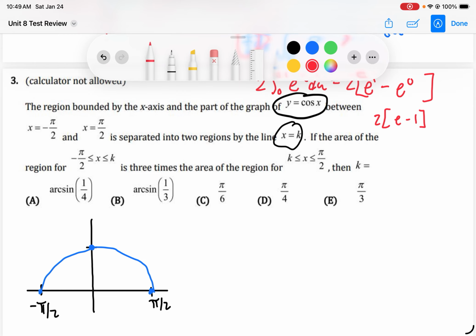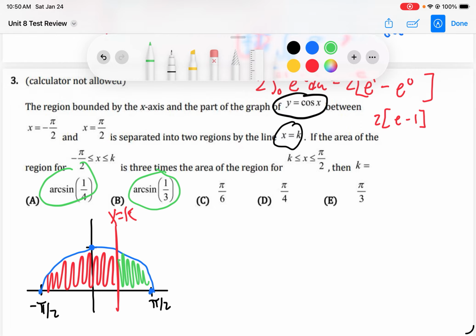And what we're trying to find is some x equals k, so that this side is 3 times as big as this side. This whole arc sine of 1/4, arc sine of 1/3 honestly kind of scares me. I'm not sure what that is. Hopefully that's not an answer choice.